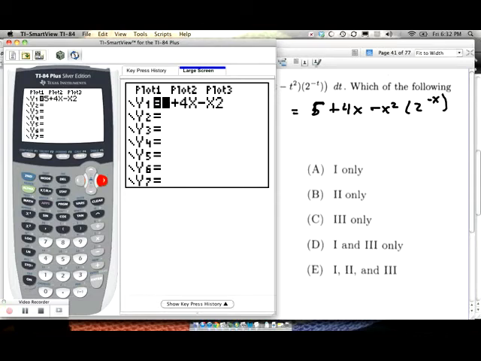Ooh, too far. So I'm going to do second delete, which gives me the insert. I'm going to insert a parentheses in there. Gotta scroll all the way over. And then put a parentheses here. Okay, it's that times 2 to the negative x.